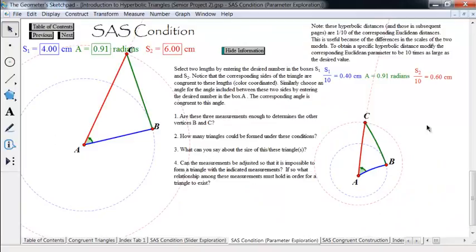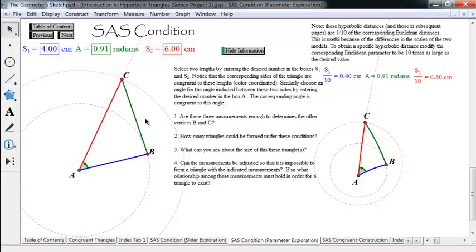Now, we can also look here, and this is done by parameters. So let's look over here at the condition on the left. Here you can actually just type in a number that you want.